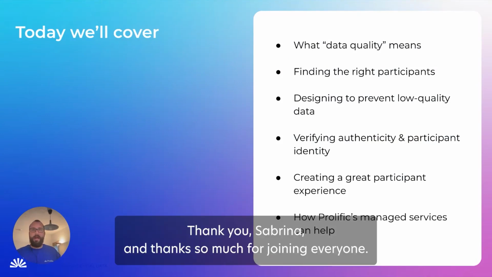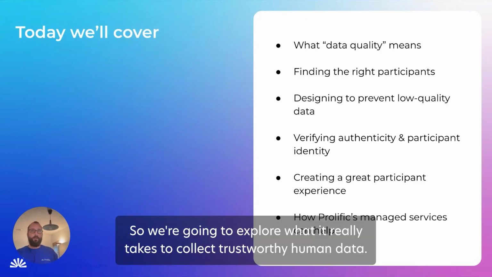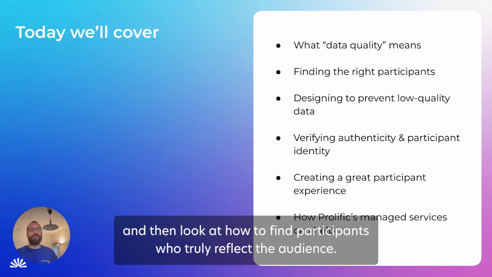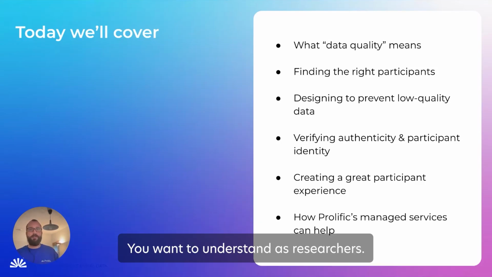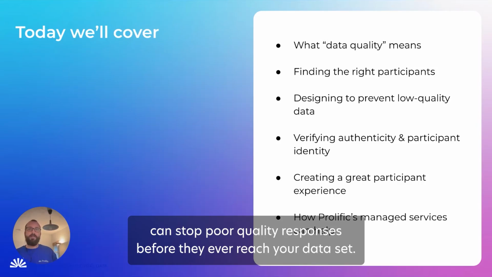Great, thank you, Sabrina, and thanks so much for joining, everyone. I'm really excited to jump into today's session. So we're going to explore what it really takes to collect trustworthy human data. We'll start by unpacking what data quality actually means and then look at how to find participants who truly reflect the audience you want to understand as researchers. From there, I'll show you how thoughtful study design can stop poor quality responses before they ever reach your data set.